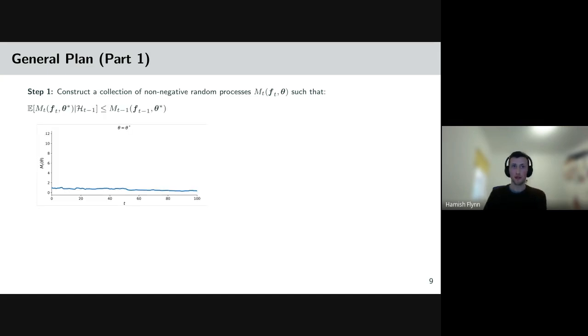So we want to construct this collection such that if theta actually is theta star, then for any ft, mt of ft and theta star is a non-negative super-martingale. And this means that its conditional expectation satisfies this super-martingale property. And a consequence of this is that mt of theta star might look like this blue line in the plot. So it starts at 1, and on average it decreases at each step, but it never drops below 0.